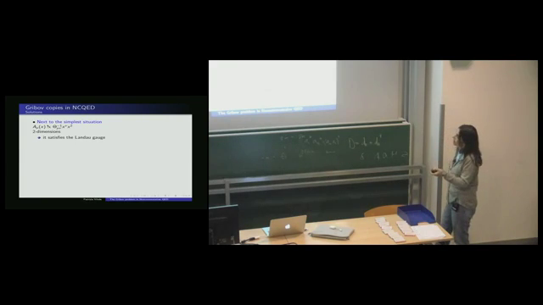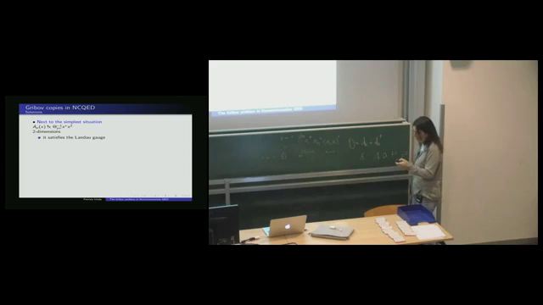You can check again that this choice of the potential satisfies the Landau gauge because of anti-symmetry of my theta. This is what I get in Fourier transform. So I have derivatives of the delta function.